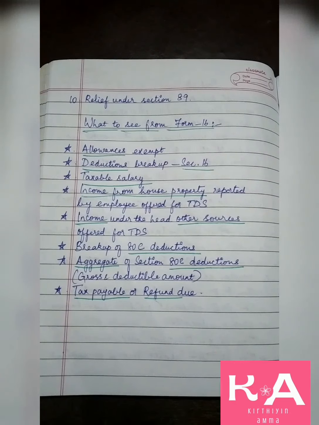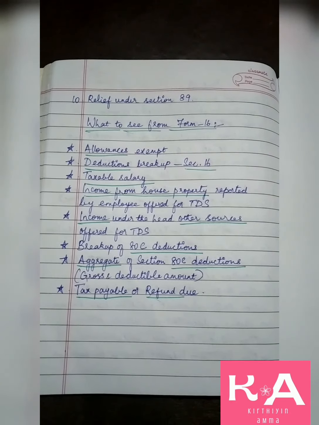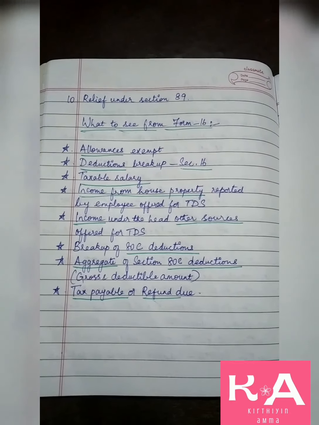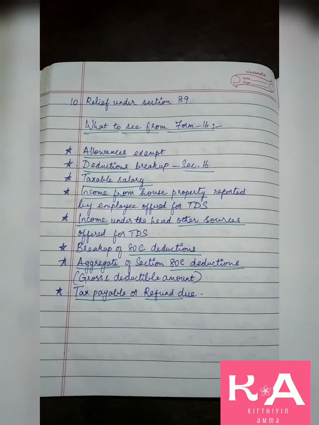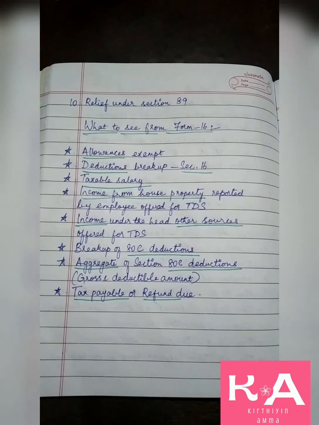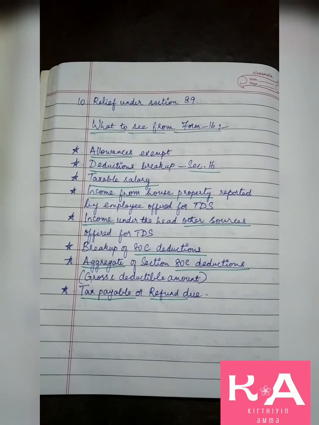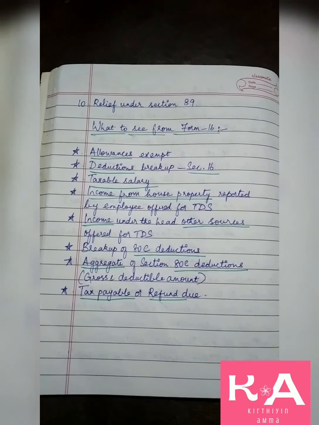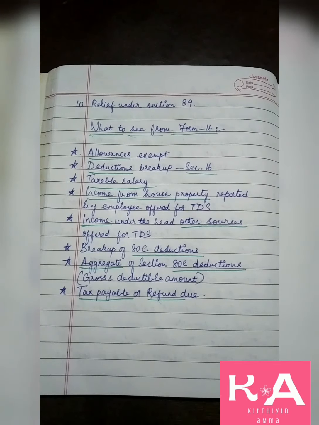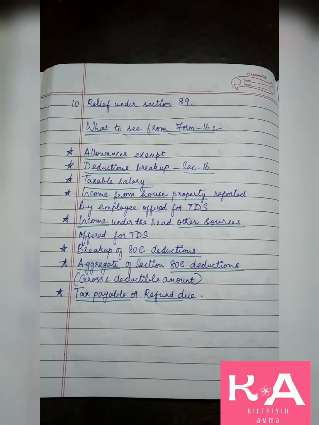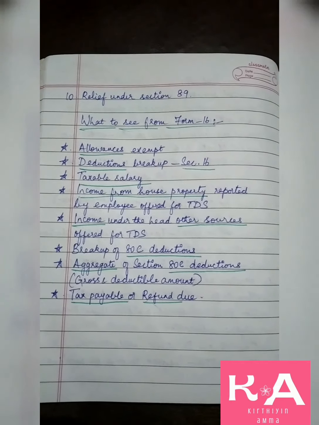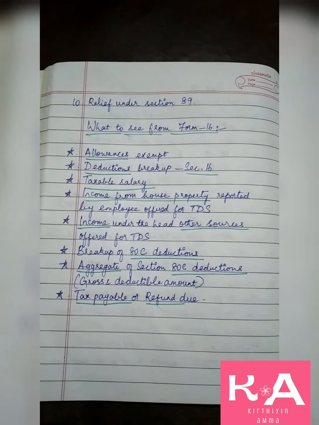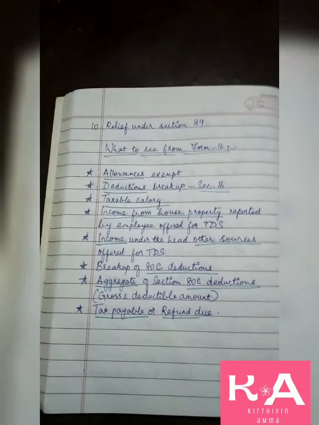Number 6, breakup of 80C deductions. You'll have to show proper proofs for this as well. Number 7, aggregate of section 80C deductions, gross and the deductible amount. And number 8, whether it is tax payable or refund due to us. So these things we'll have to check in Form 16.